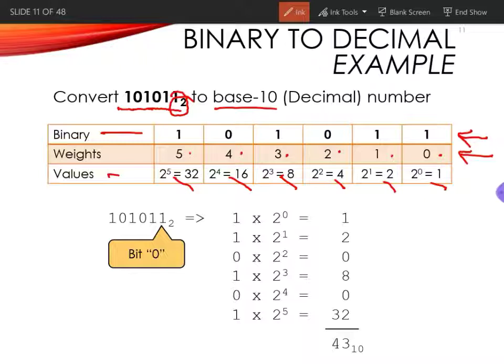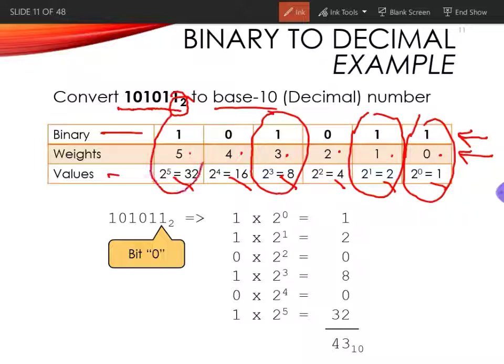Next, we look at the bits which are ones, and we only consider those values. This 1, this 1, this 1, and this 1. So we would now add 1, then 2, then this multiplied by 0 becomes 0.